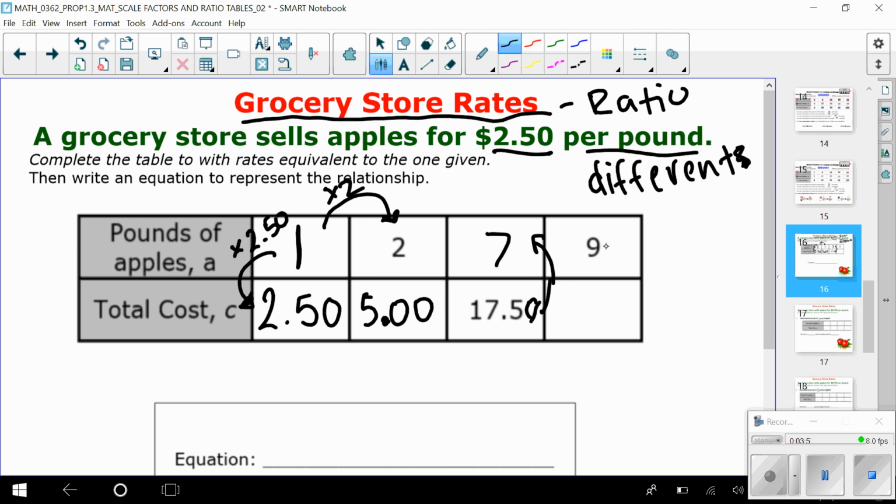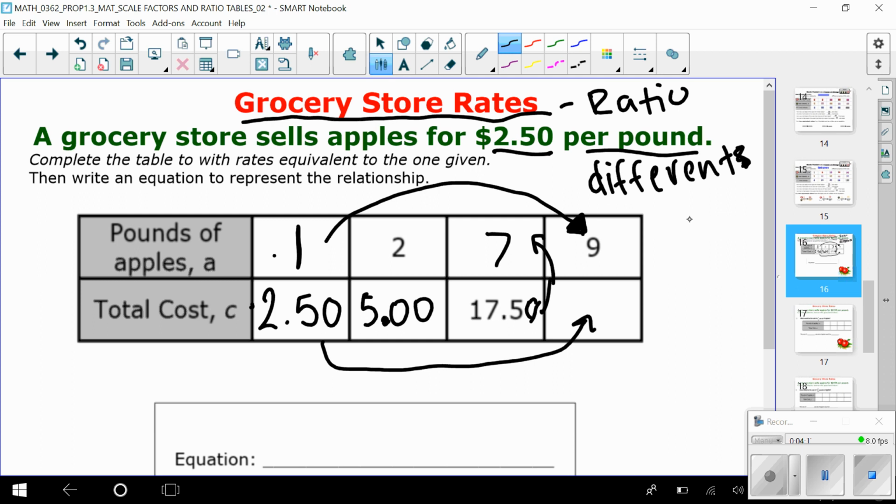So this next one tells me I have 9 pounds of apples. So I'm going to go back over here to my original ratio, which started with 1 to 250. So I'm going to go this way. And how did I get from 1 to 9? Well, 1 times 9 is 9. So 250 times 9. Remember, I can take the 0 off because it's equivalent, right? So that's 45.